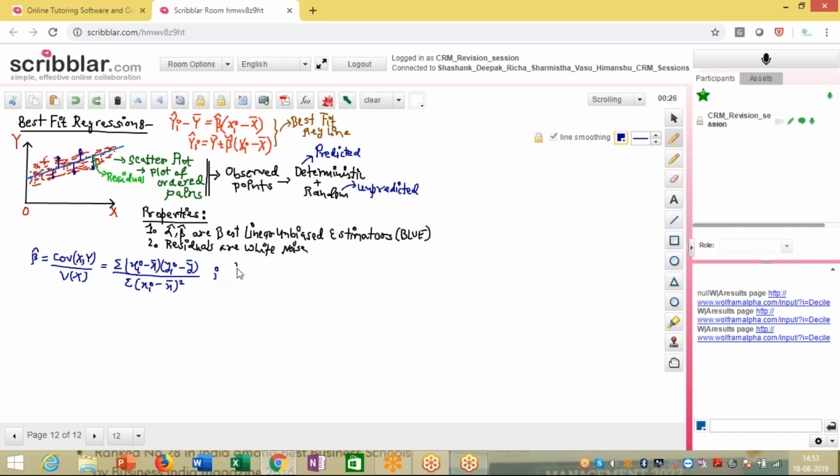I'll say that xi minus x bar, I'll represent it as a capital Xi, and yi minus y bar, I'll represent it as capital Y. So what happens here is the following.